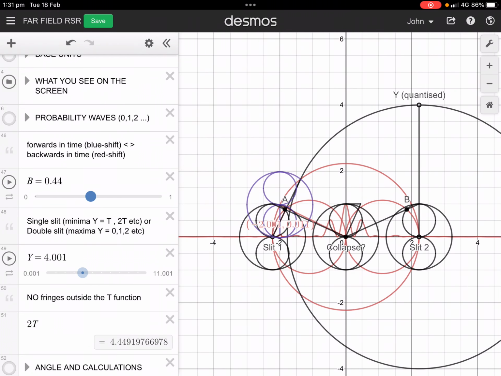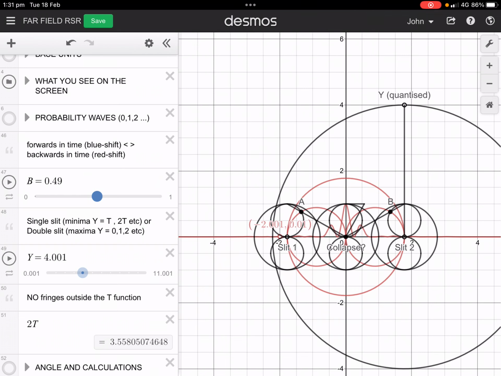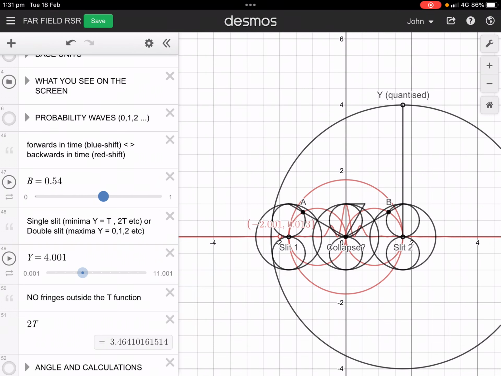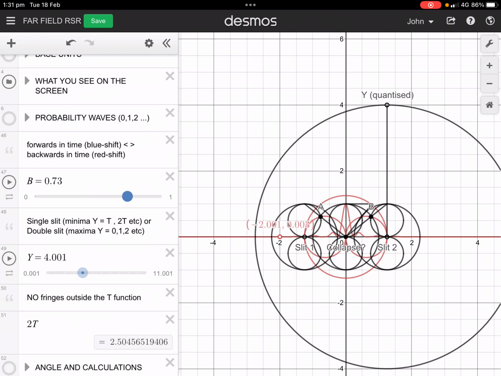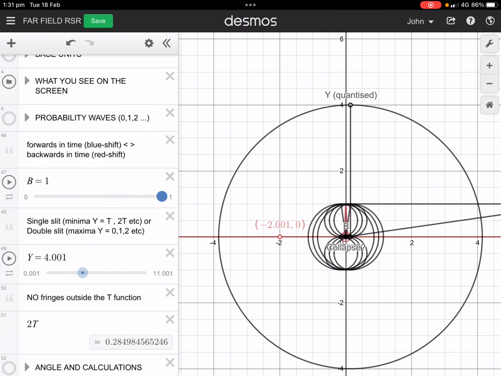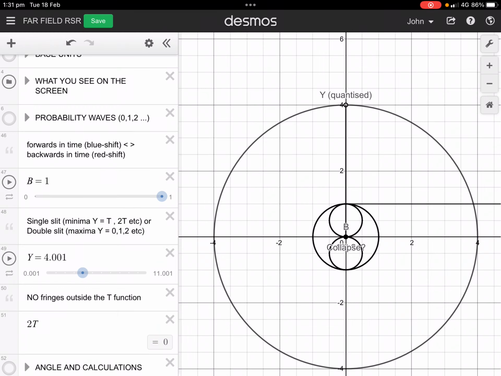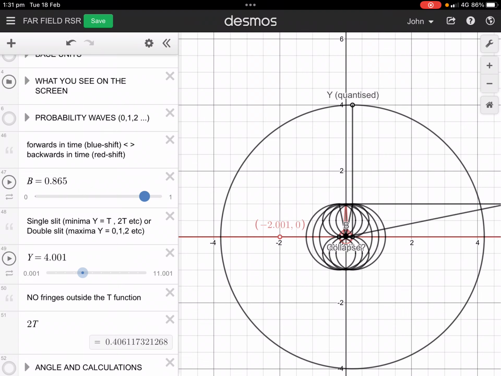The purple one rejoins its entangled left side, which then collapses with the right side, and you end up with a collapsed particle on the screen. So that's collapse of the wave function.